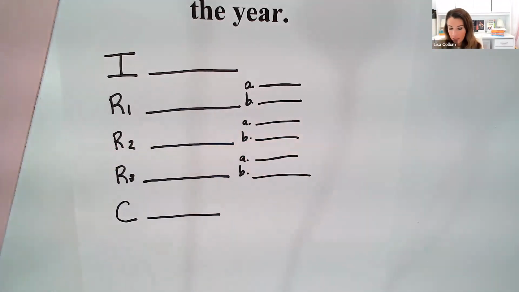Okay, I'm going to give you guys about 2 minutes to draw that because I know some of you may still be grabbing paper. So take about 2 minutes and draw the IRC outline on your paper.